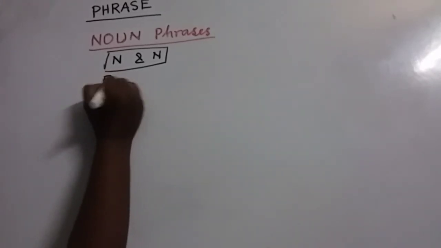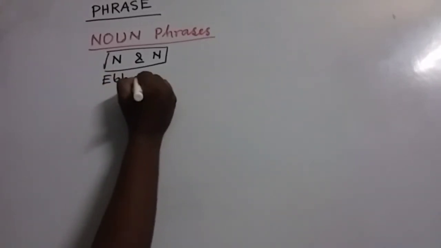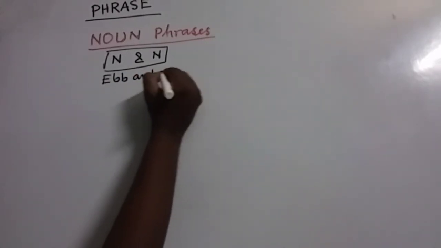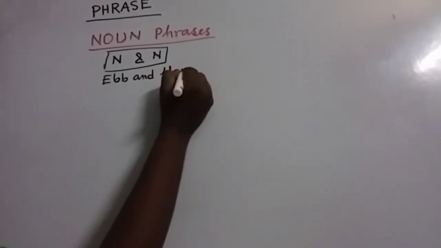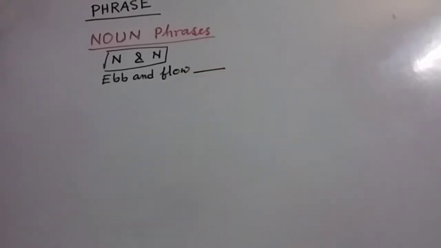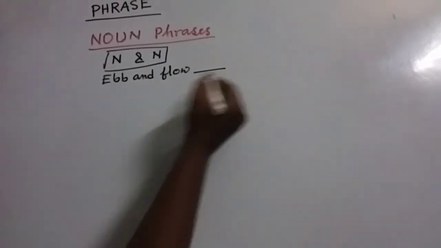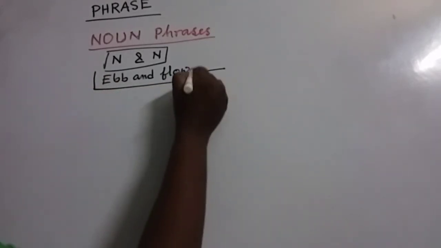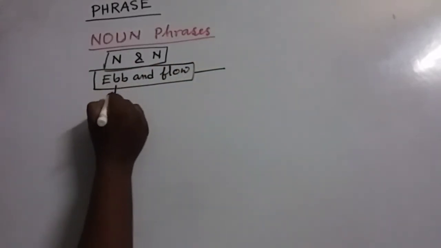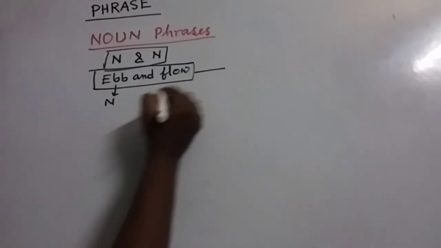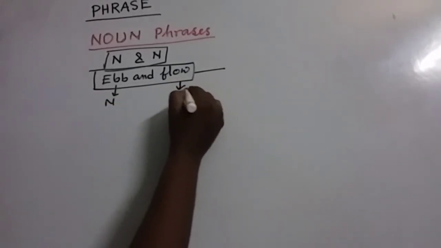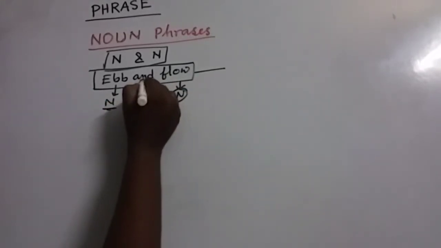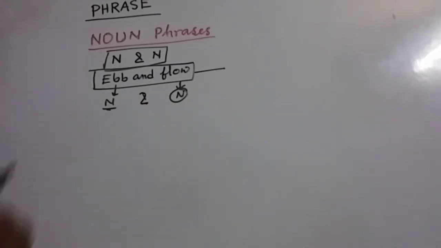You can see this type of words: "ebb and flow is caused by the attraction of the moon." Here "ebb" is a noun and "flow" is also a noun, and two nouns are joined by "and". So in this way a noun phrase is formed.